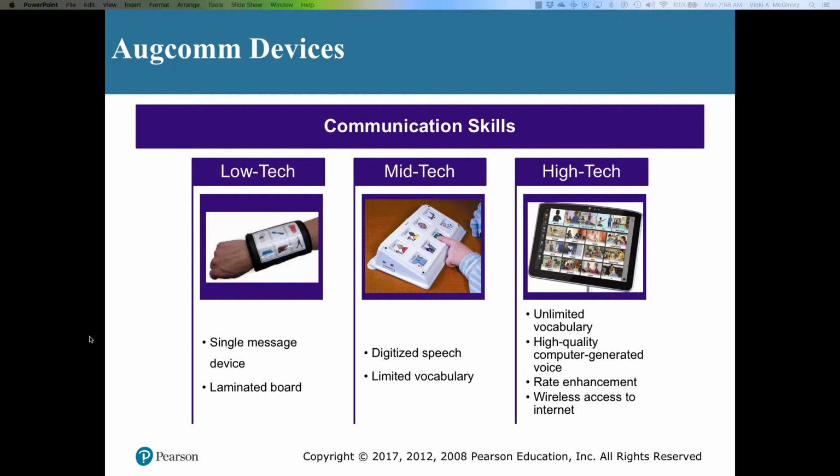Mid-tech might be something that provides limited vocabulary, some digitized speech also, and then we get into the high-tech, and there's a lot of different things that can be used. More and more children are using the iPad because that's socially appropriate, it's validated, everyone's carrying an iPad, but that may not be an appropriate high-tech device for all children.